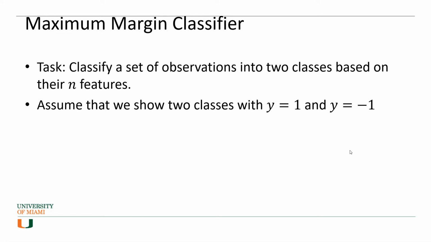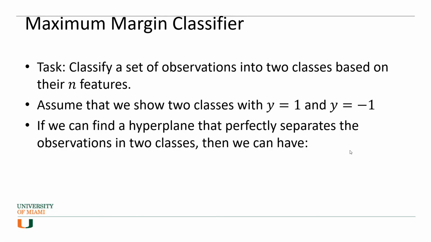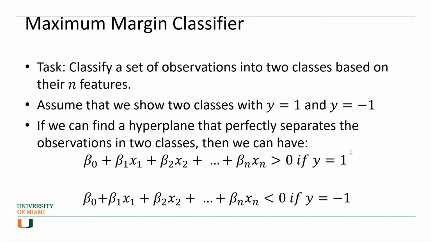Now, if we have that, then we can find a hyperplane that perfectly separates the observations into two classes such that for observations where y is equal to 1, meaning that they are in, say, the first class, beta 0 plus beta 1 x1 all the way to beta n xn is going to be above 0.